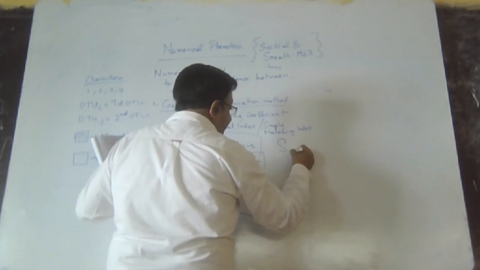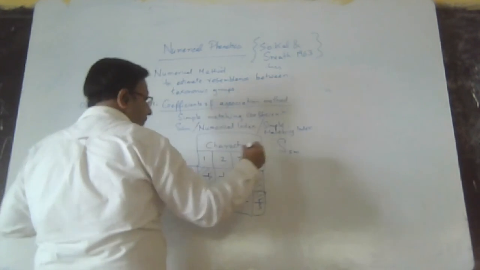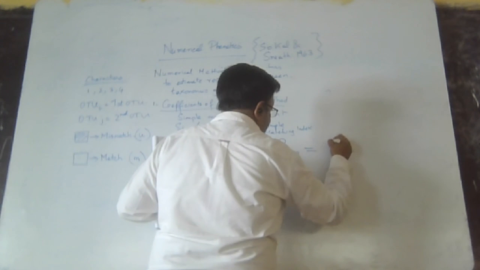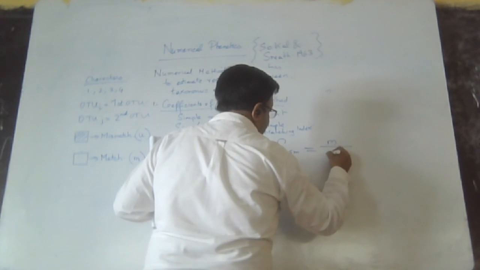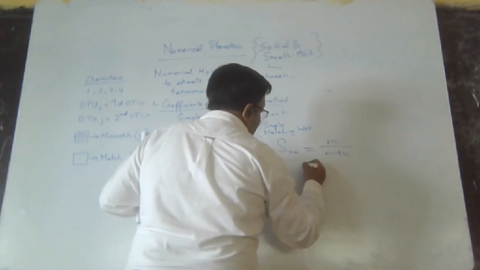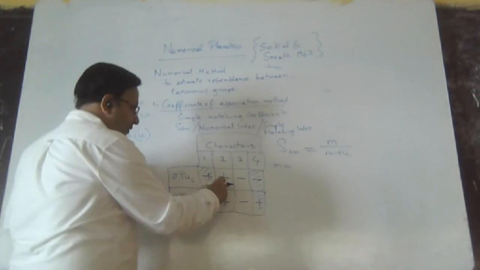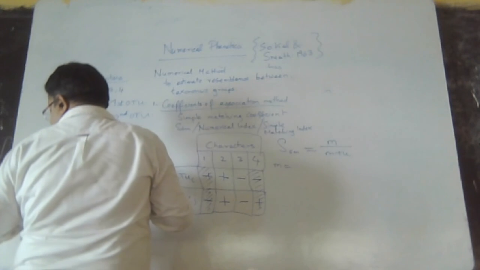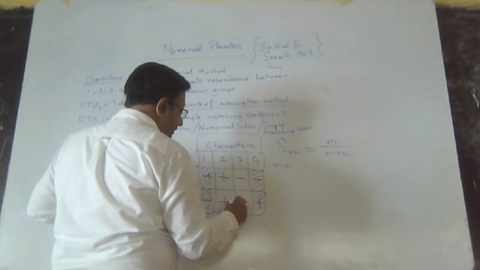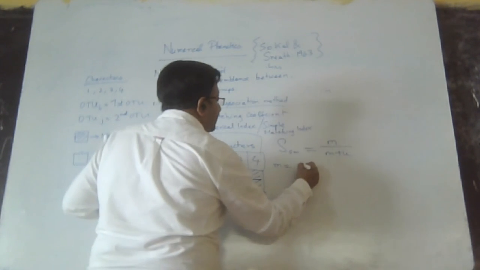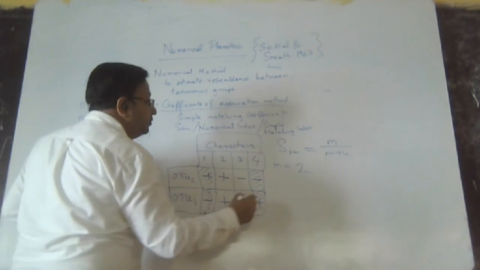The SM coefficient is M, matches, divided by the total. Matches: 1 and 2, two matches present. This is a match, this is a match. Mismatches: 2.